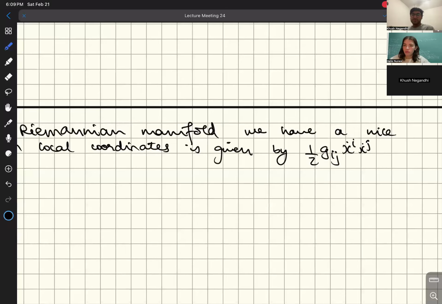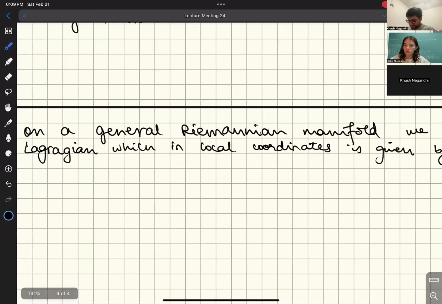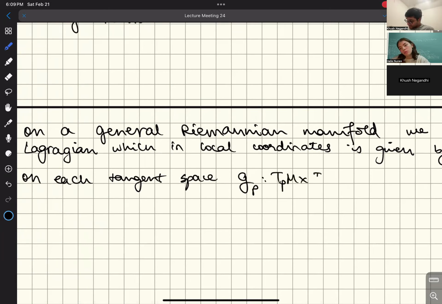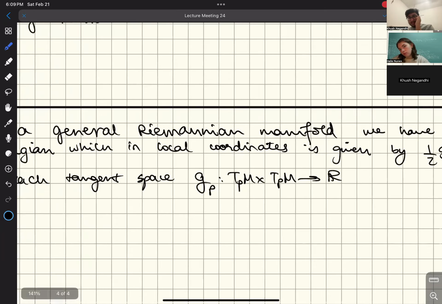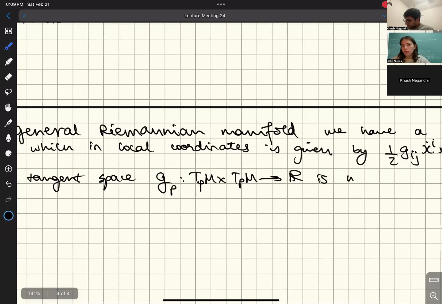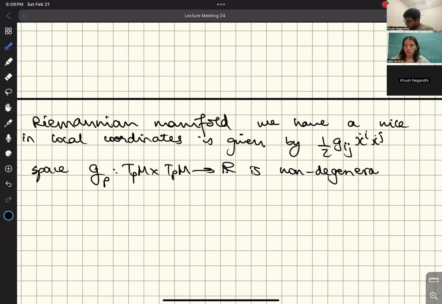Now we need to talk a little bit more about this. So on each tangent space, G at P takes in two things and gives you a number, and is non-degenerate, right?